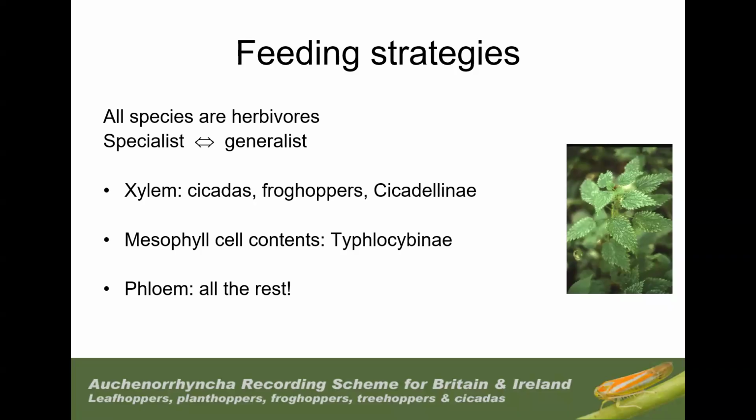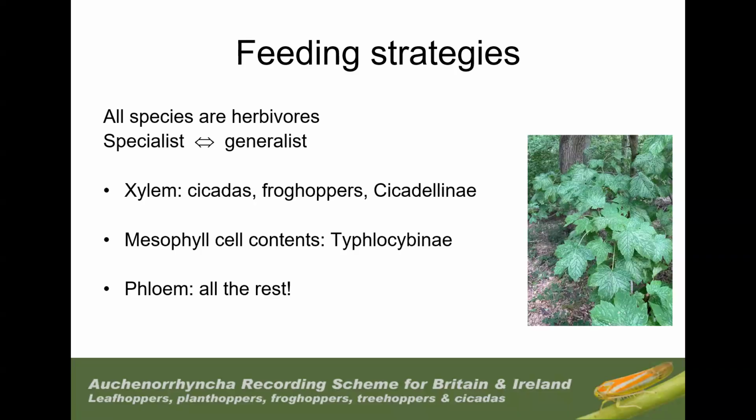And in some cases, that feeding damage, as we call it, can be very extensive. So these are sycamore leaves later on in the season, and you can see that the amount of chlorophyll contents that's been sucked out of those leaves is really quite considerable. So they must be having quite an effect on the host plant.